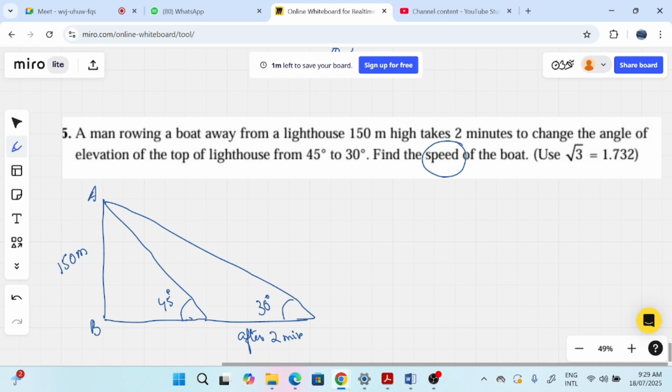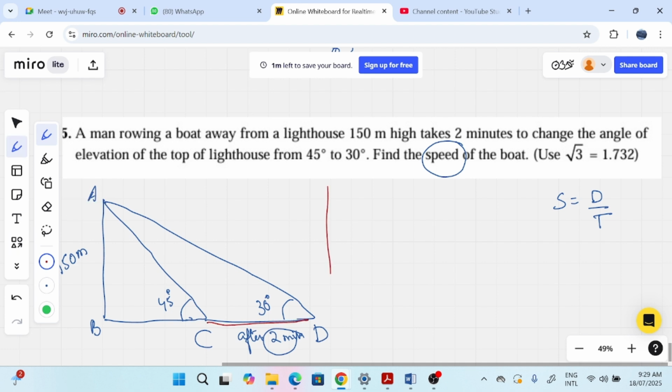Read the question carefully. Speed, what is the formula? Distance by time. Time is already given to you. That means you need to find the distance CD. That is the crucial thing in this question.